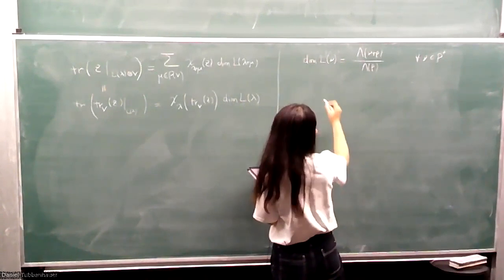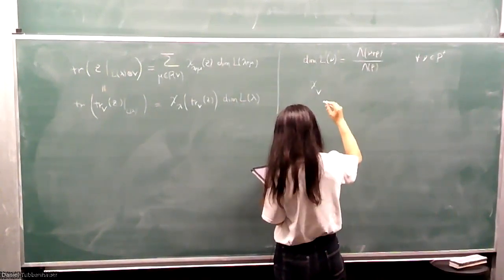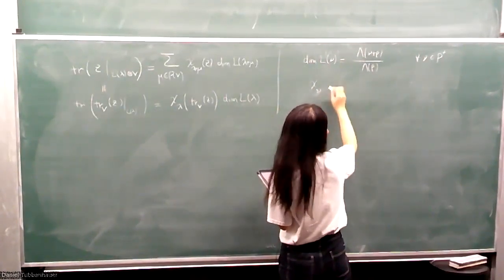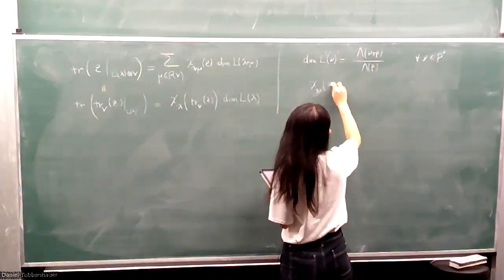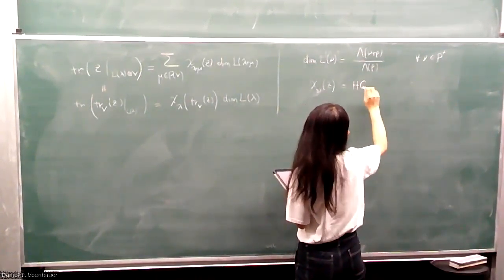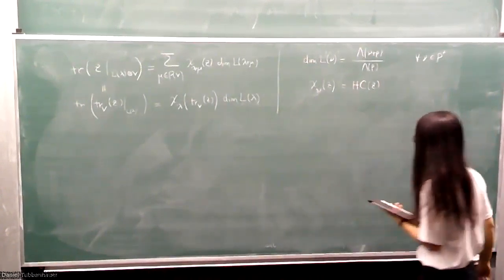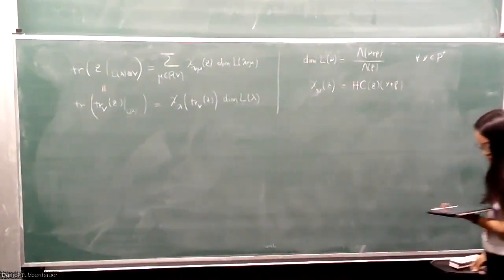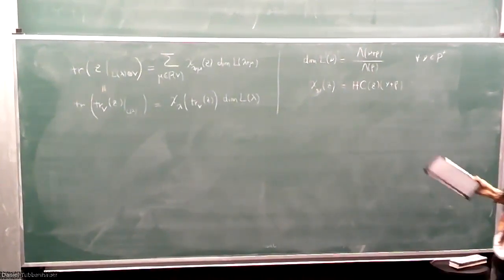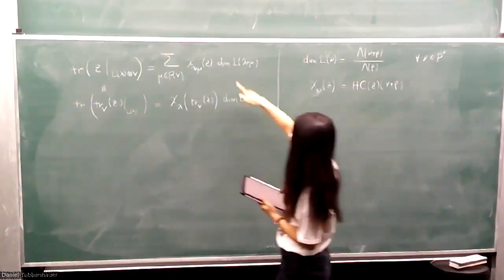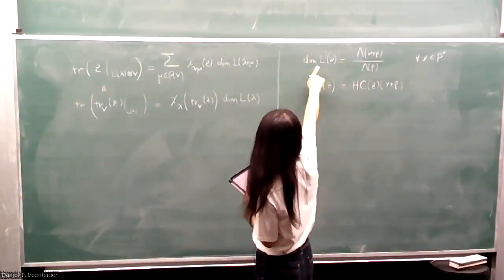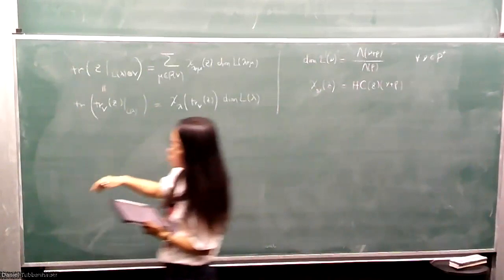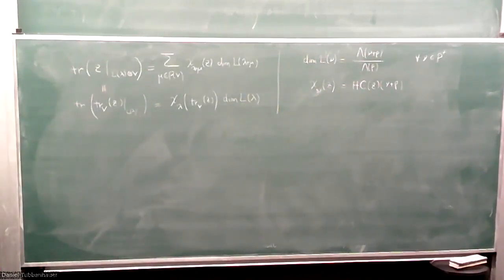And you also know that chi nu of V is the image of V under the Harish-Chandra map evaluated at the weight. Then you just replace the dimension by this, and replace the trace by this, and you will get the equality here.